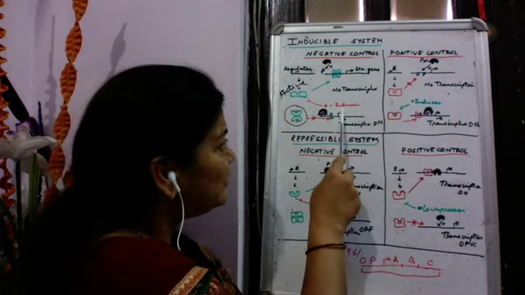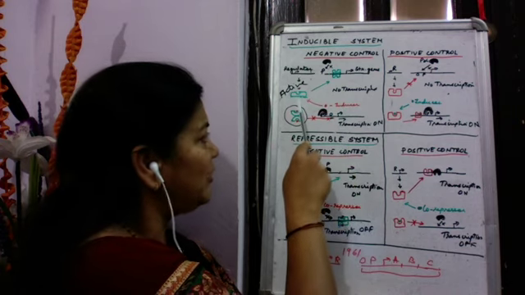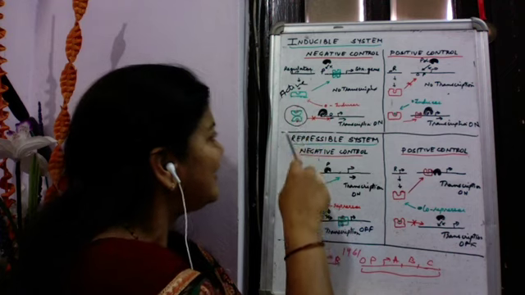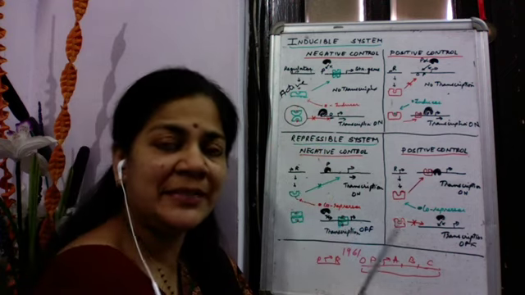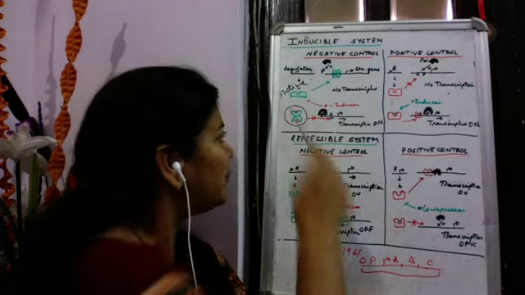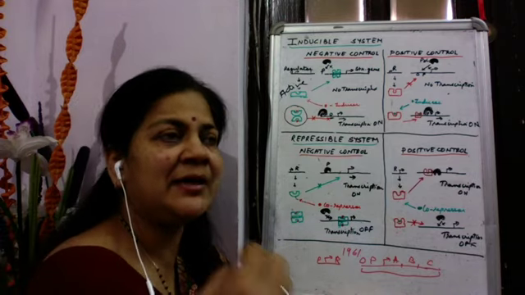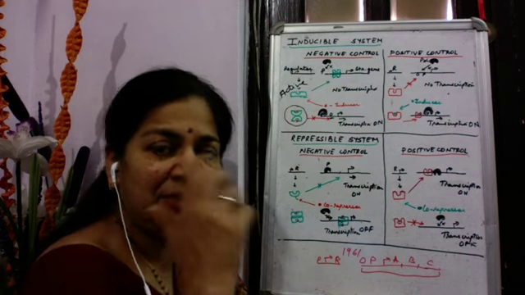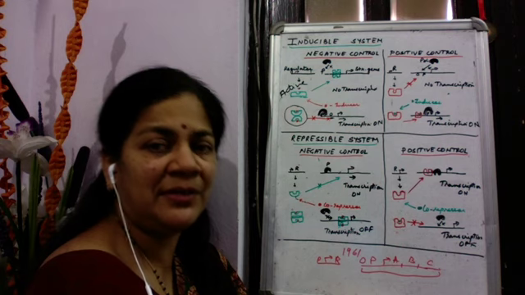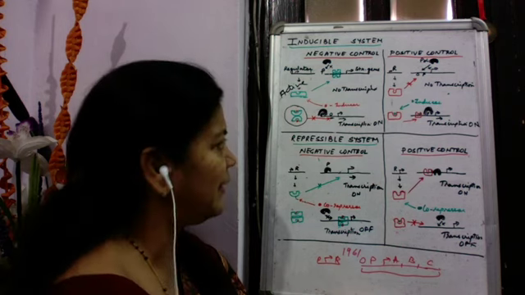When the inducer comes, it binds to this active regulatory protein and changes its conformation, which makes it inactive. One thing you should understand is that these regulatory proteins can undergo allosteric conformation. That means, depending upon the binding of the ligand, they can change conformation, which changes their ability to bind to the DNA, whether they can bind or not.